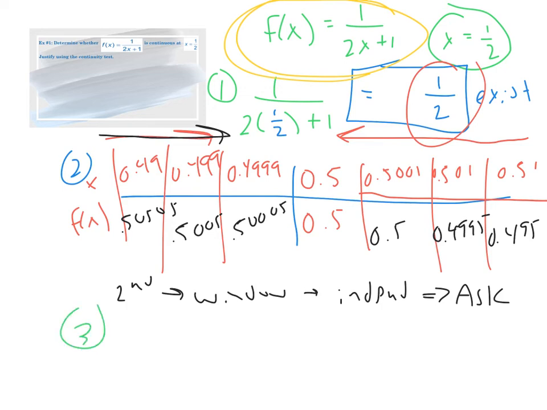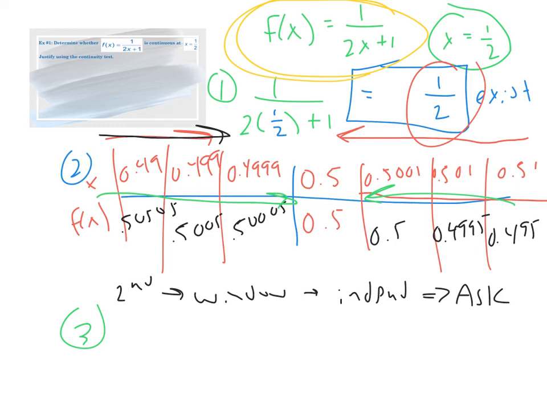What's going on here? Well, as my function approaches 0.5 from the left, it looks like it's approaching that coordinate (0.5, 0.5). Same thing over here. So it looks like they're converging on the same point, plus that point exists, so I know my function is continuous.